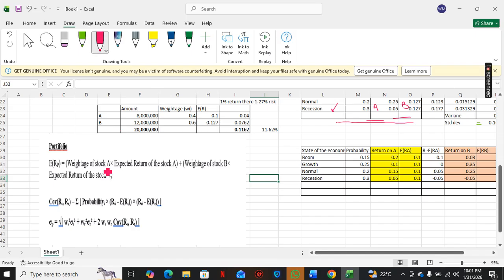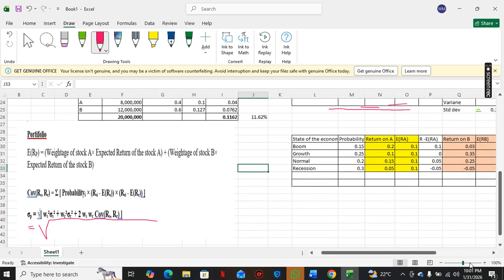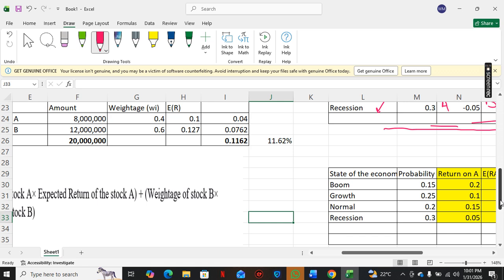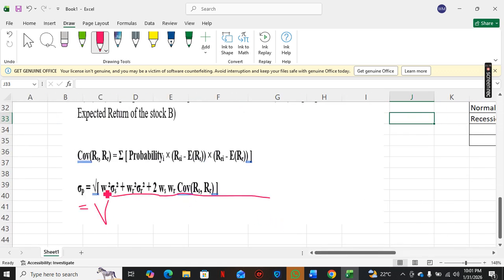So we're going to start with the square root of the weightage, this W squared.